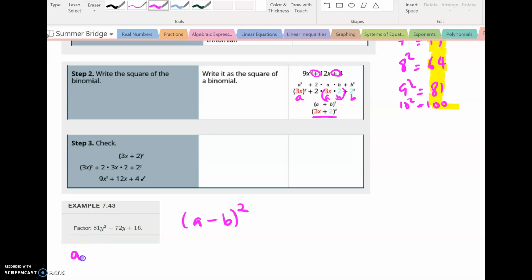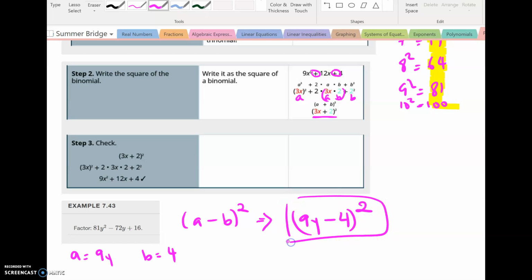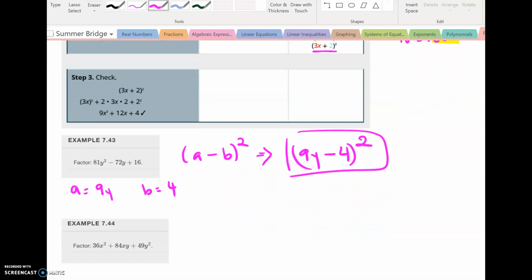So my a is going to be 9, and y squared is always just going to be y. So that's my a value. And then my b value is going to be the square root of 16, which is 4. So guess what? 9y minus 4 squared is my answer. That's my factored form because it's a perfect square trinomial.